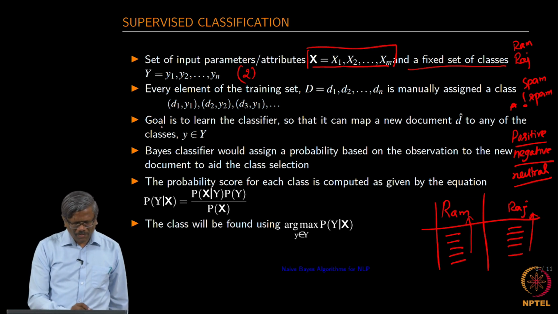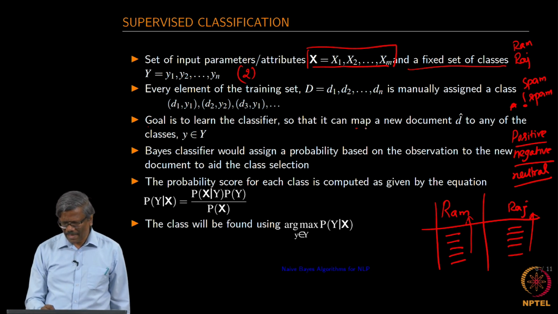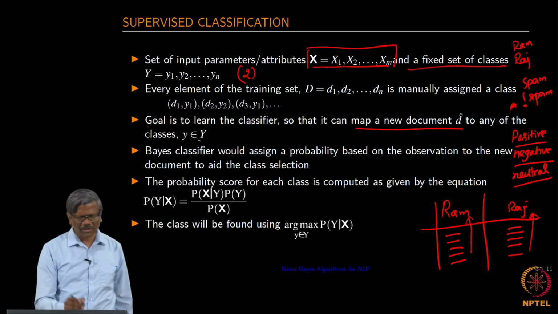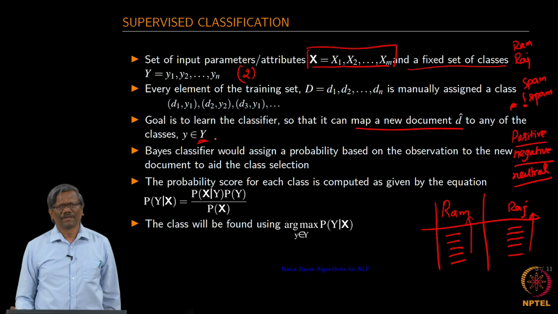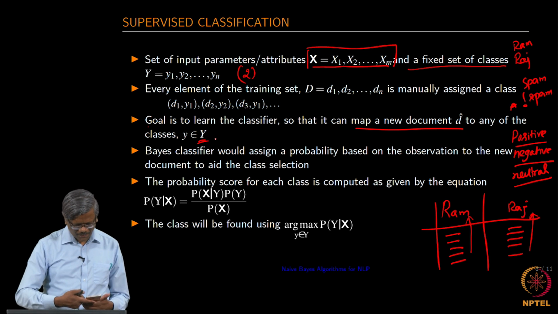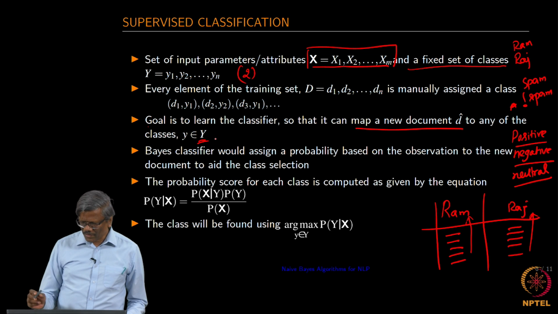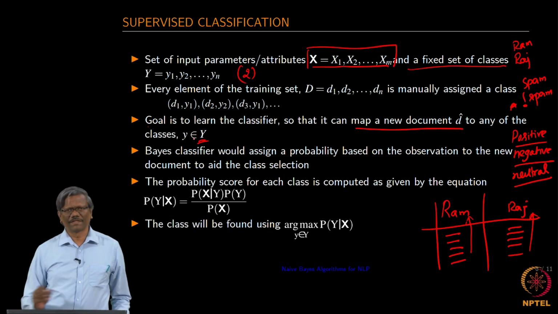The goal is to learn the classifier based on the data that we have, so that it can map a new document D to any of the classes y belonging to capital Y. When we get a new document, for example, "I wish you would come here", we are going to map that document into one of these classes.